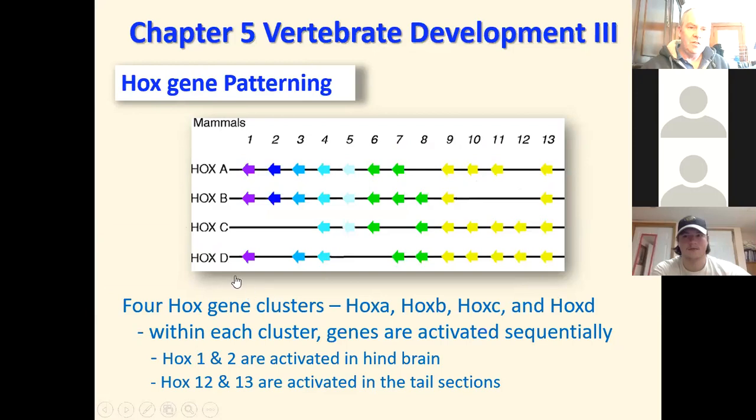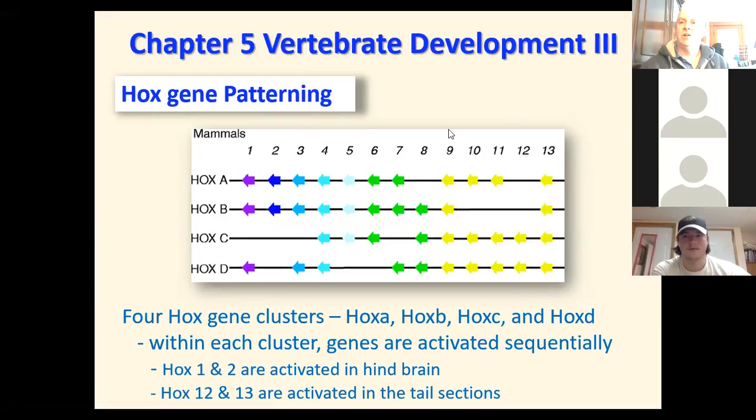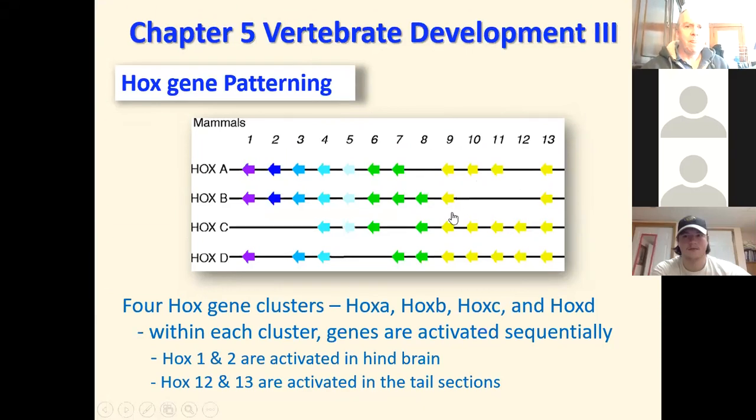So these will be activated sequentially. The number 1s get activated first, and the 2s, and the 3s, and the 4s, all the way down to the 13. And you can kind of think, as the node starts, the first ones are being activated. As the node hits the posterior end of the embryo, the last ones are being activated.